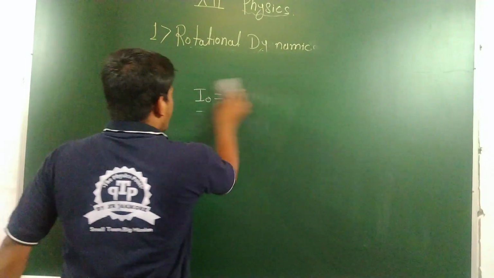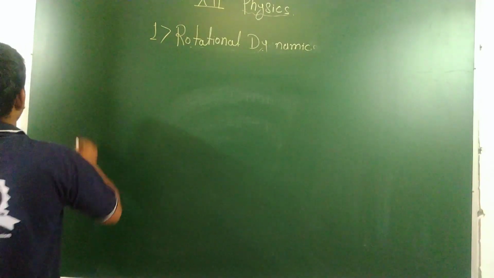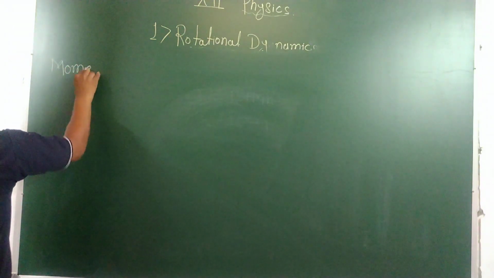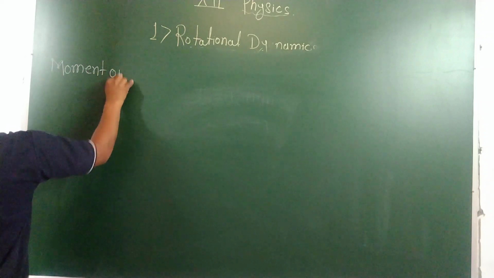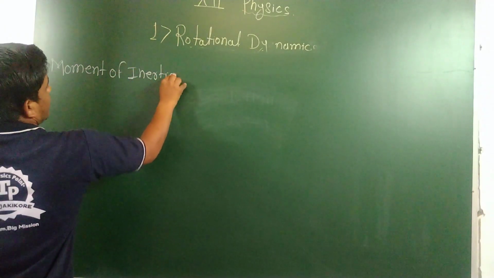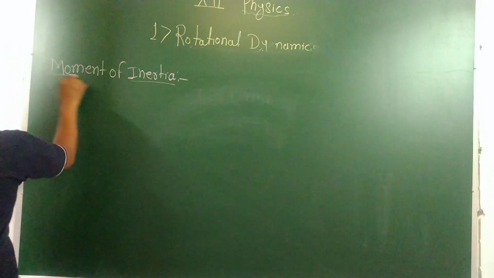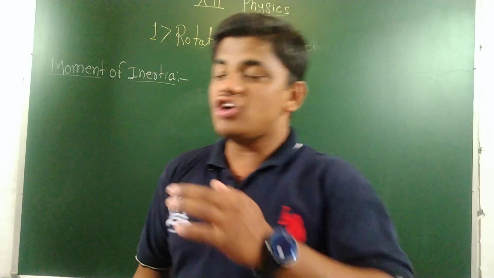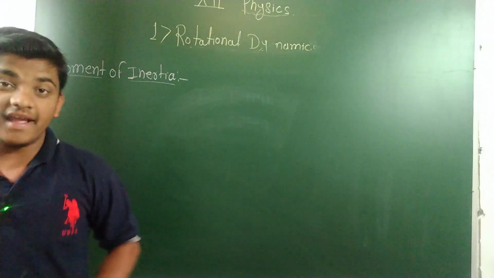Okay, let's take the heading: moment of inertia of objects, or applications of the theorems. In previous lectures, we have discussed the moment of inertia of the ring, the uniform disk and the uniform ring also.